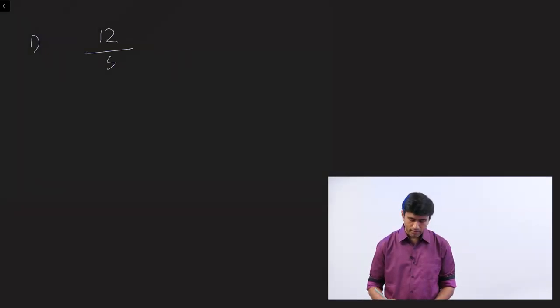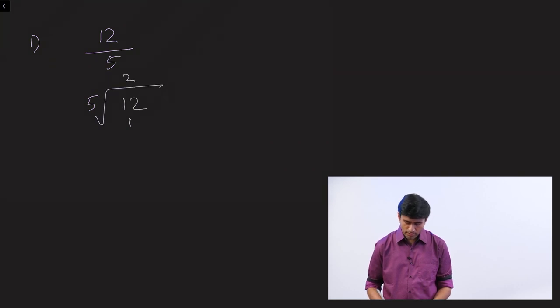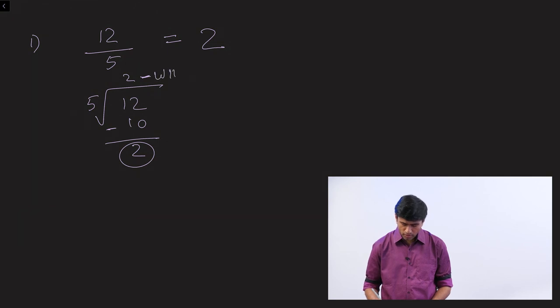12 by 5 is your improper fraction. How do we change this fraction into a mixed fraction? Let's do the division. 5 2s are 10. 2 is your remainder. So 12 by 5 can be written as 2, which is your whole number.